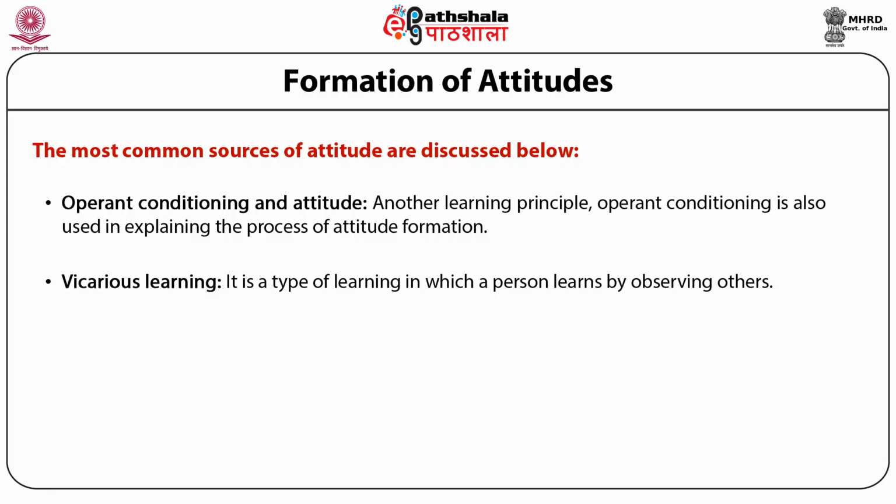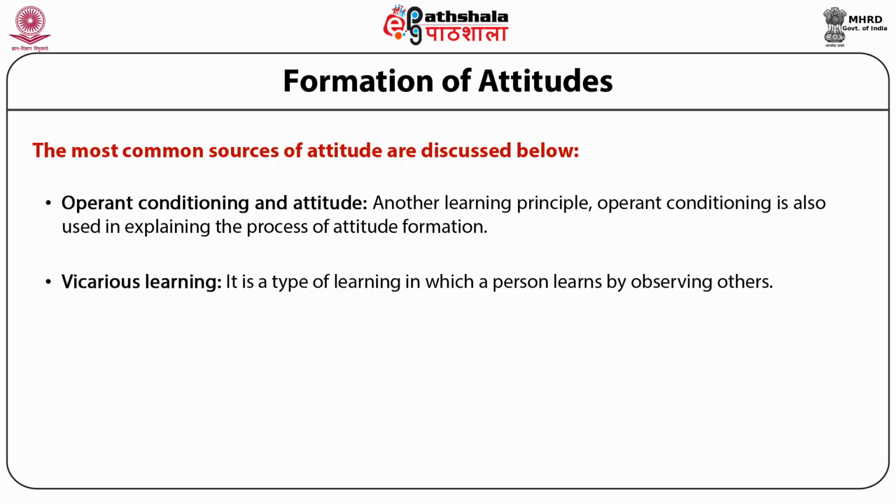Vicarious learning. It is a type of learning in which a person learns by observing others. This type of learning also accounts for attitude development, specifically when the person does not have a direct personal experience with the object.